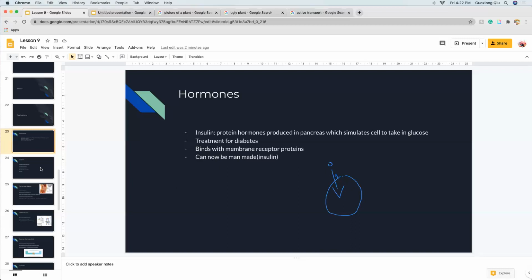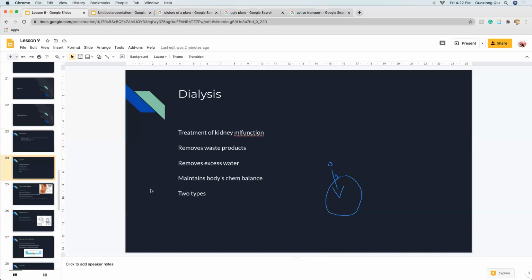Next, dialysis. Dialysis is a treatment of kidney malfunction. You guys should know, maybe not, your kidneys look like beans, like this. They are about the size of your fist. And they filter your blood to create urine, pee.